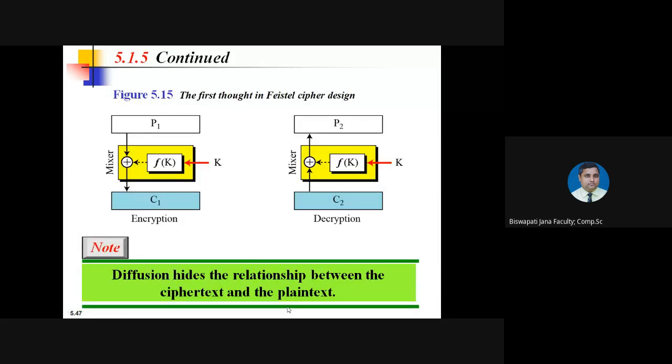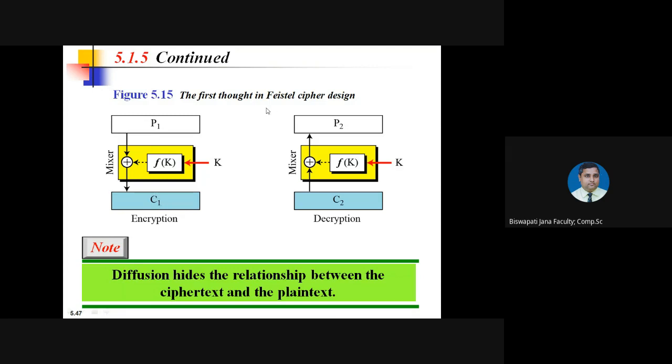What is this cipher? See, the first Feistel cipher. The plain text has been taken and then mixed. Mixer means the XOR. First XOR has been used. How? We first take the key bits and put them into a function f of k. Then it is XORed with the plain text. Then it becomes the ciphertext, or encryption, and C1 has been generated.